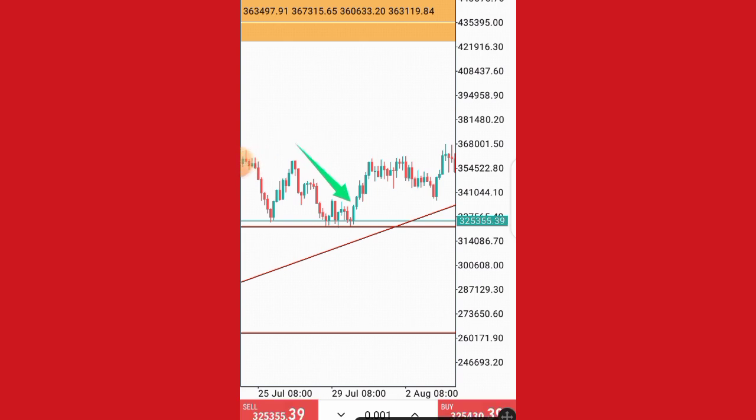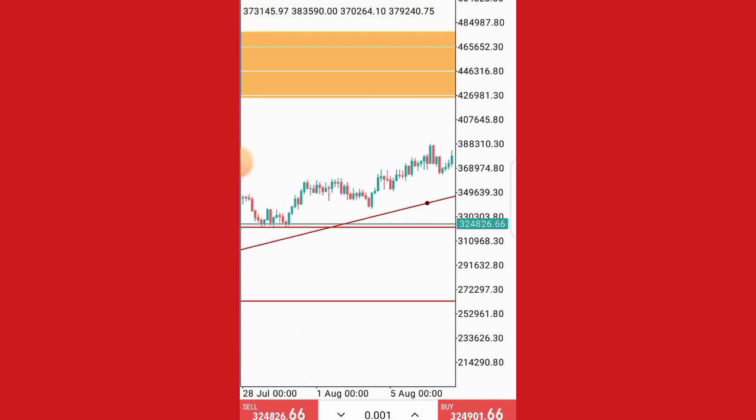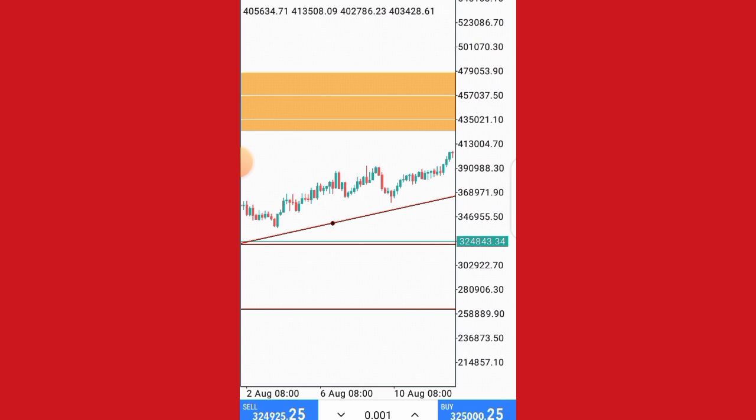Price actually gave us, is this an evening star or a morning star? The name really doesn't matter. You can see there's also an engulfing candlestick here, another engulfing candlestick. So whenever price retraces, we can anticipate a reversal candlestick pattern.